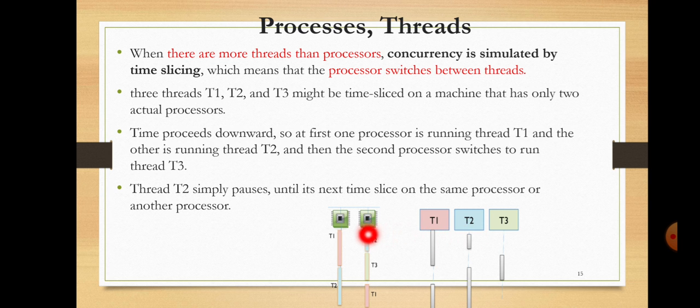Then T2 may finish earlier, so T2's processor then executes T3. Before the execution of T3 finishes, T1 finishes, so the next thread may get executed by T1's processor. In this way all the threads may get executed.